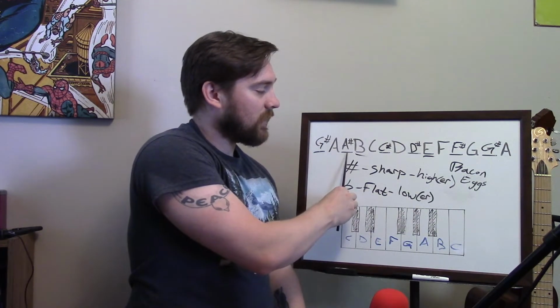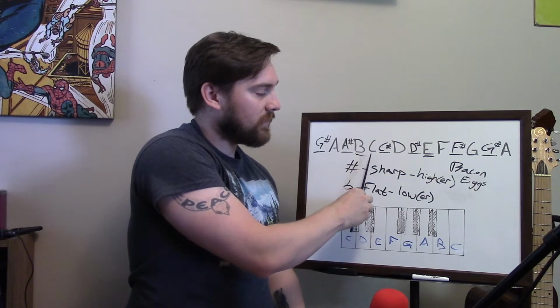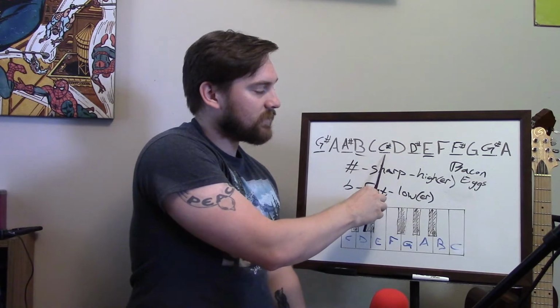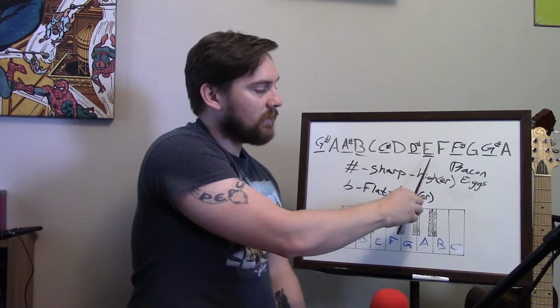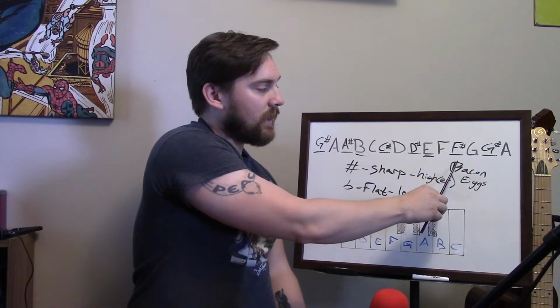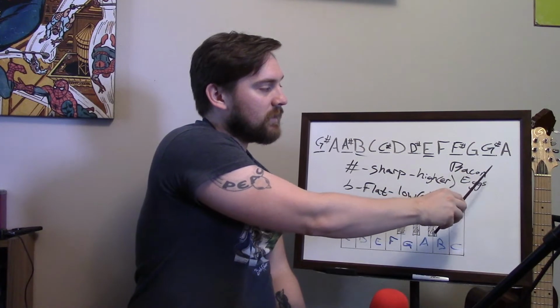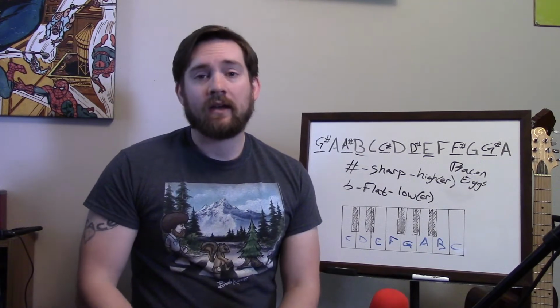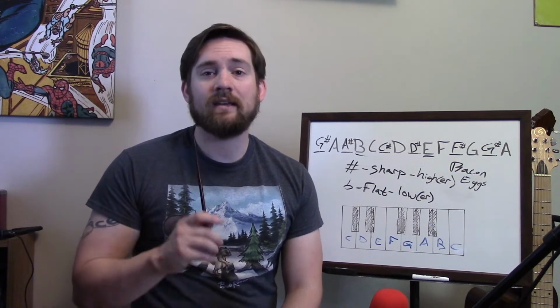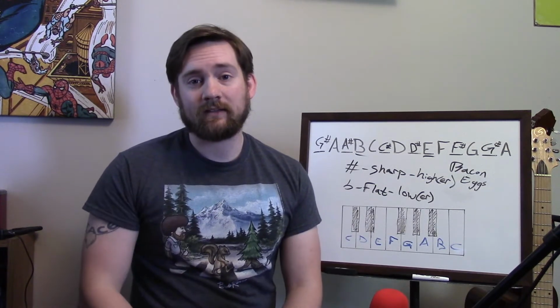A sharp, B, C, C sharp, D, D sharp, E, F, F sharp, G, G sharp, and A. And that's it. It's just that simple. A through G, and every letter has a sharp except for B and E, bacon and eggs.